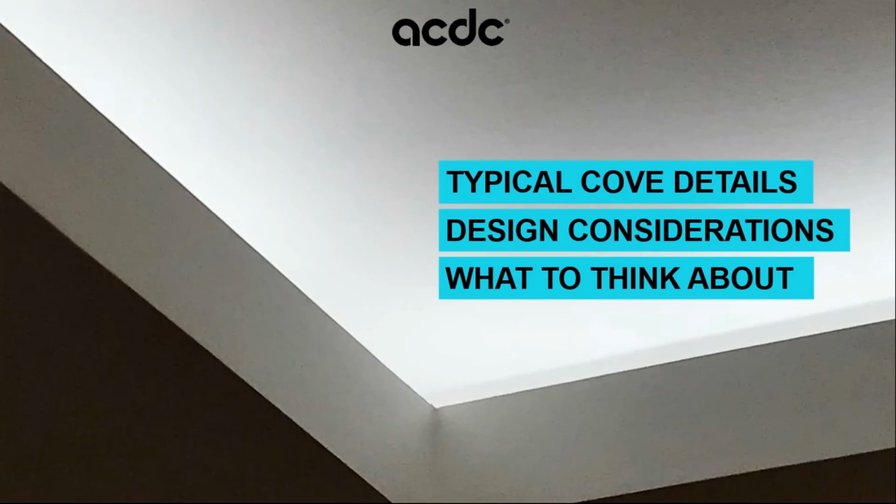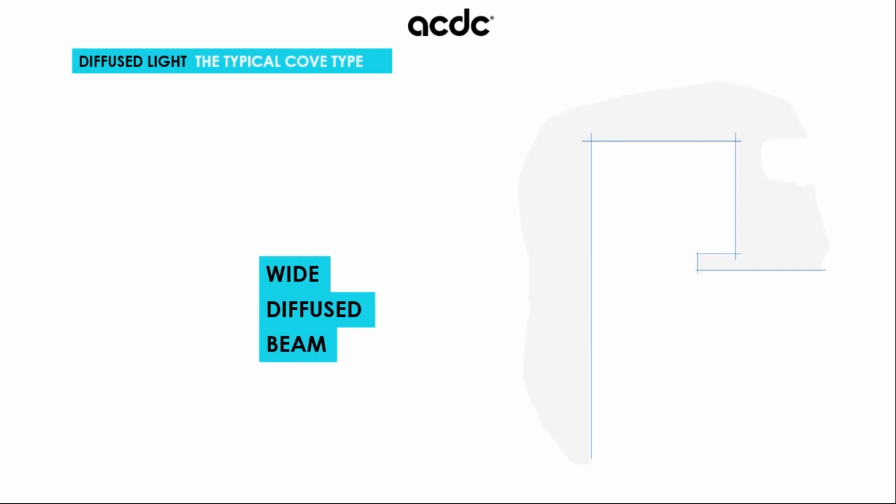What would I recommend for you to start to think about? Let's start with your typical cove layout, your typical cove detail. Here you can see, and hopefully you can see, just a generic detail. What we're going to incorporate into this is a very simple linear luminaire.